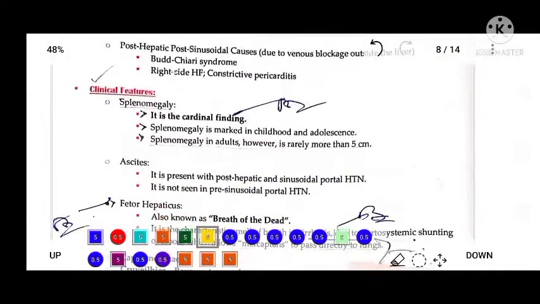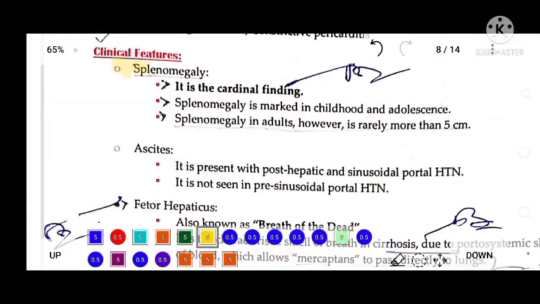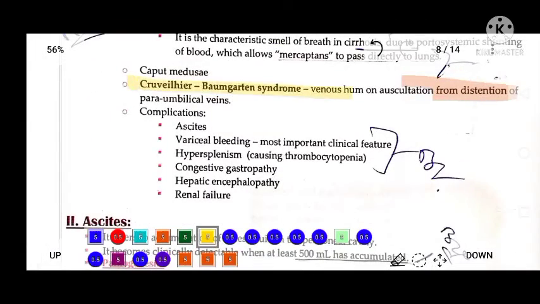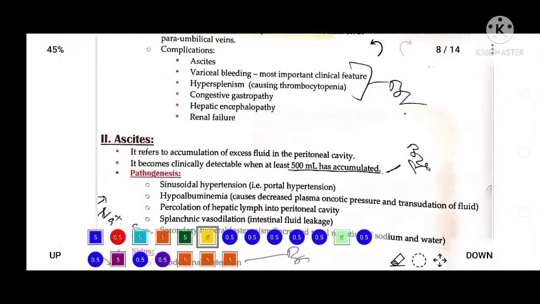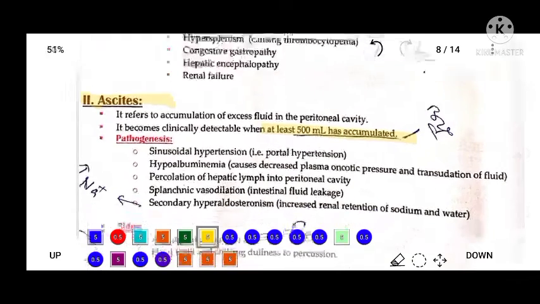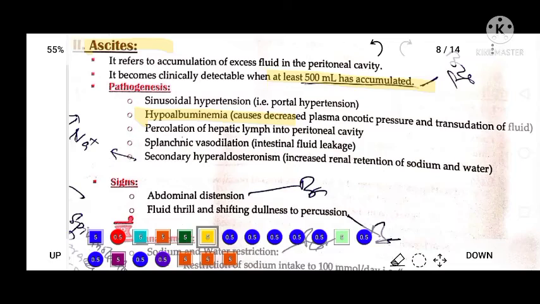So these are the complications. Clinical features are splenomegaly, ascites, fetor hepaticus, and Cruveilhier-Baumgarten syndrome.